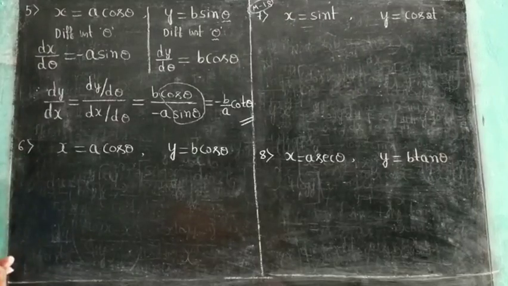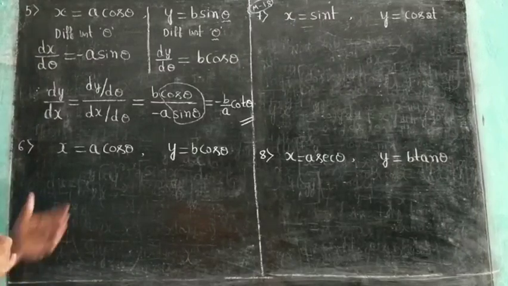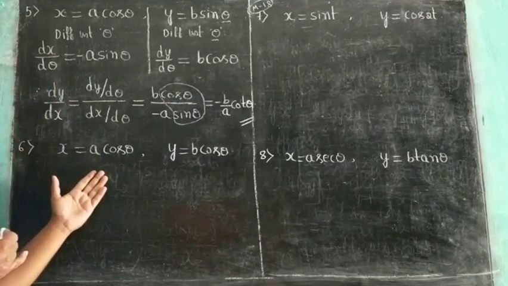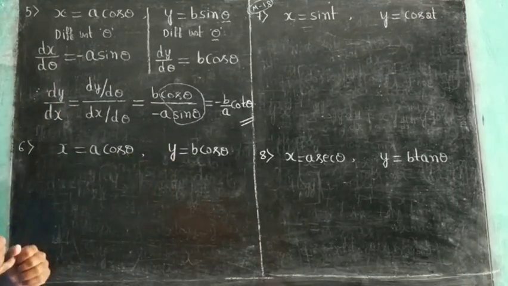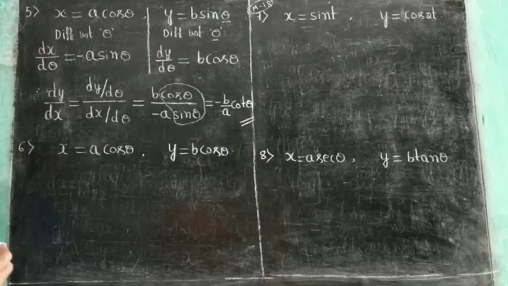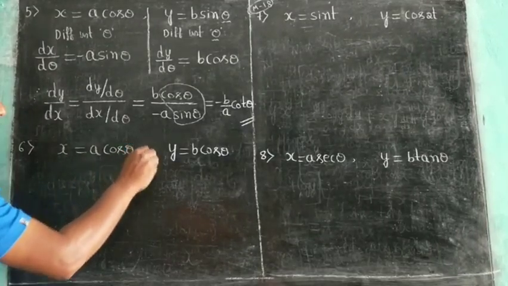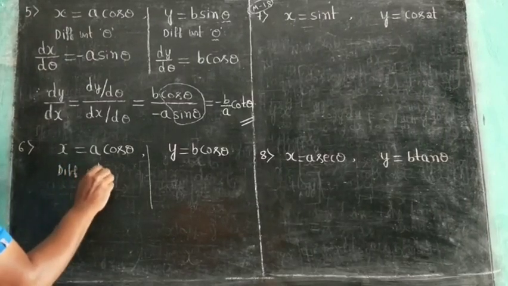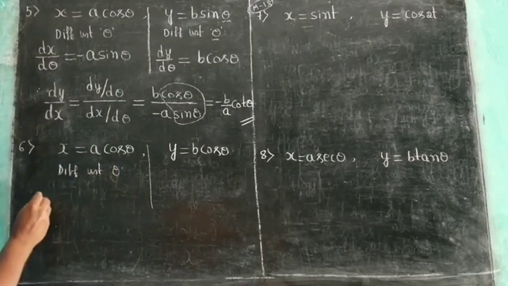And then the next one, same like that. If x is equal to a cos theta, y is equal to b cos theta, find dy divided by dx. So in the first one, differentiate with respect to theta.